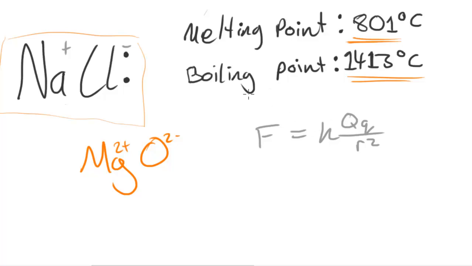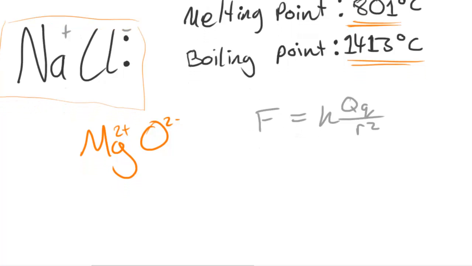So you can imagine if we took these two values of charge and put them in this equation, F would be quite high, obviously, because it's an ionic compound. But if we were to put in 2 plus and 2 minus, which are both of higher magnitude, F would be even larger.